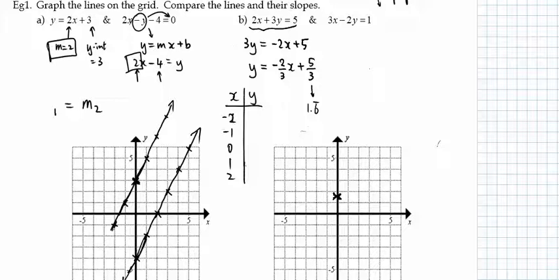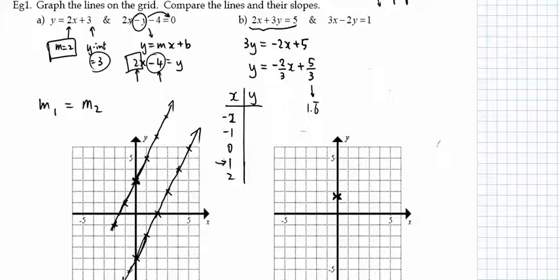You don't have to start your line from the y-axis. It works when we have a nice value, like in the previous example. We have positive 3 or negative 4. We can find the point on the y-axis easily. But when we end up with 1.6, like a decimal value, you probably want to try out different numbers and see if you can come up with a nice value.